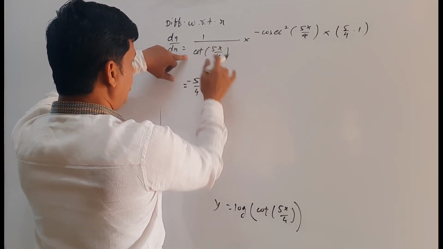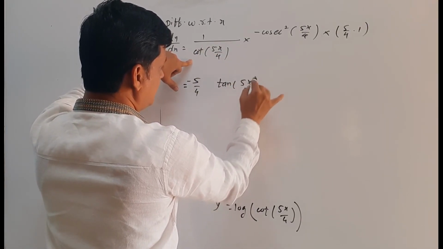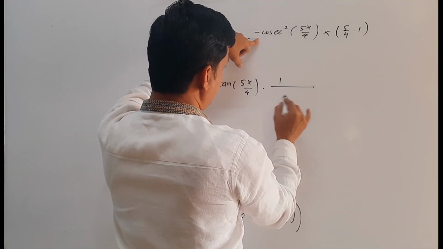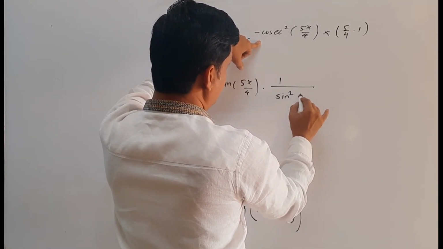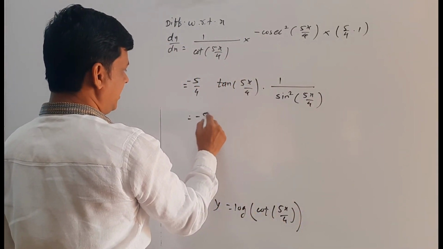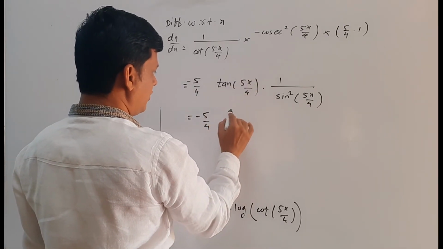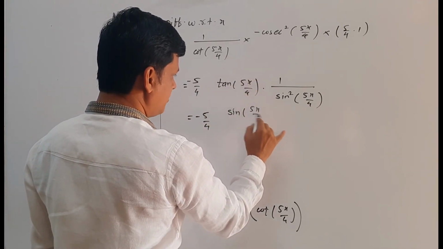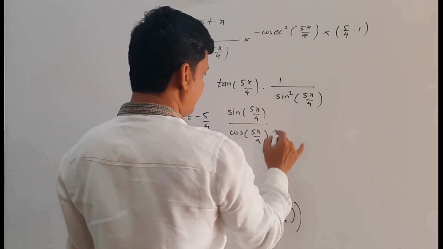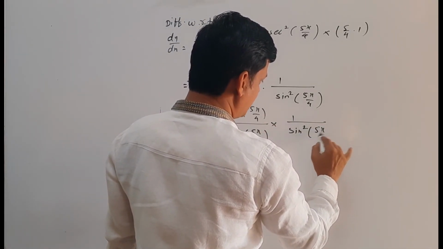This 1 upon cot we write as tan, so we write here tan 5x by 4. This cosec square we write as 1 upon sin square, so we write here sin square 5x by 4, minus 5 by 4. Now write this tan 5x by 4 as sin 5x by 4 upon cos 5x by 4 into 1 upon sin square 5x by 4.